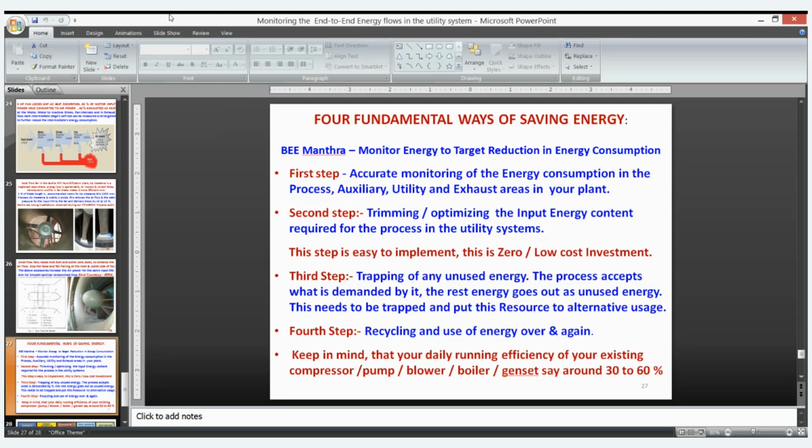Second step is trimming or optimizing the input energy content for the given process. See, for some of the waste collection systems, the OEM or the process man said we have to operate at 1000 pascals. But now many in the textile industry segment are operating at 500 pascals and they are doing an excellent job.